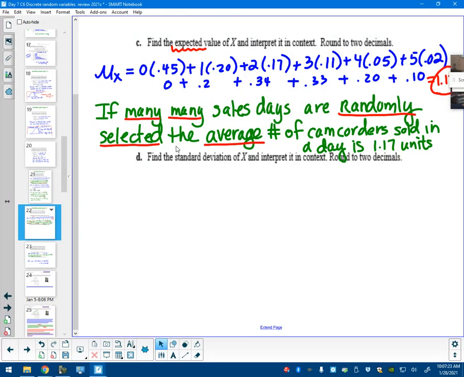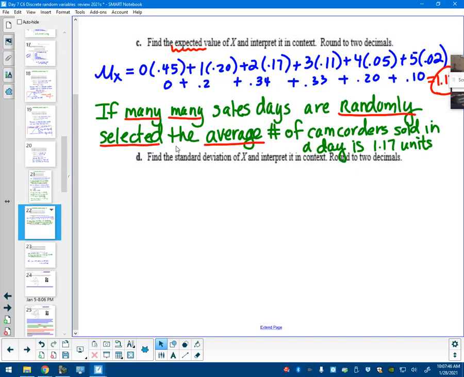What am I worried about deviating from? The mean. Now, if I was doing least squares regression, the standard deviation would be how far I deviate from the what? The line, right?